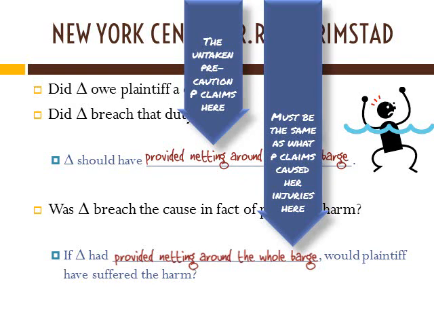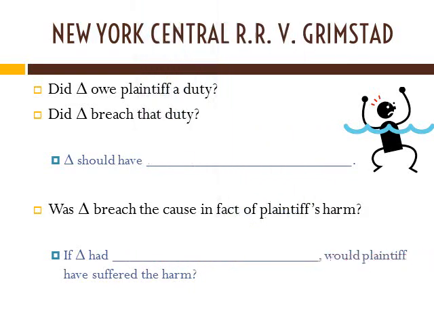If you say that they should have provided life preservers on the boat when you're talking about breach of duty, then you're stuck asking whether, if they would have provided life preservers, it would have made a difference, whether it would have saved the plaintiff's life. So you can't switch those out. So that's something to watch out for.